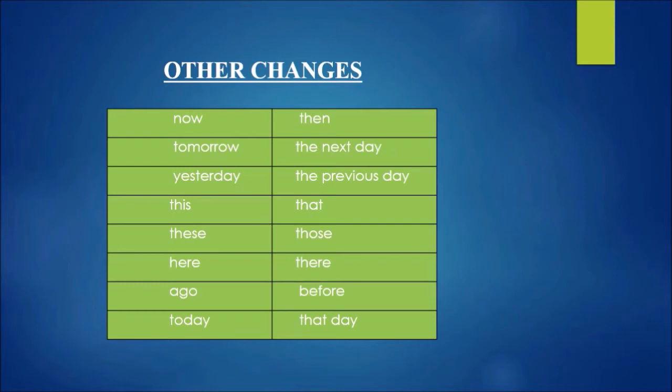For instance, now is changed into then, tomorrow into next day, yesterday into the previous day, this into that, these into those, here into there, ago into before, and today into that. Let's apply all the steps that we have learned on a direct speech.